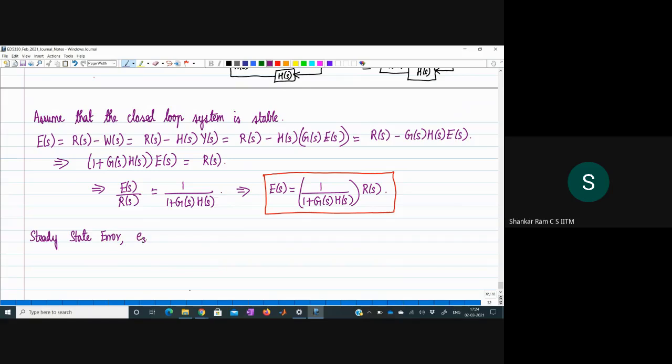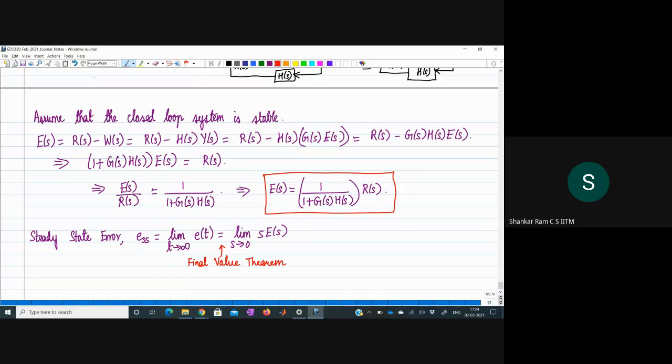So the steady state error, given by E_ss, is equal to limit t tending to infinity of e of t, which can be rewritten as limit s tending to 0 of s times E of s. This is the final value theorem, which we have used to get this expression.